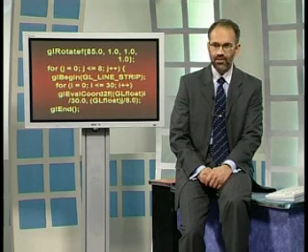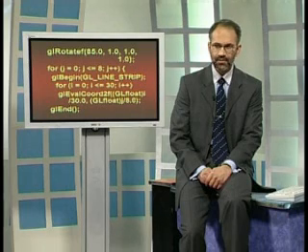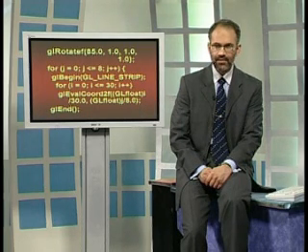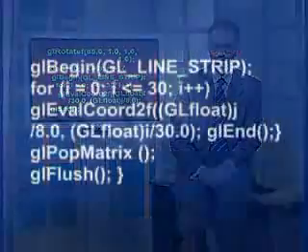We make calls to glEvalCoord2f with the parameters i by 30 and j by 8, with both i and j typecasted as GLfloat. So we will be calling glEvalCoord2f 30 times for each of the lines, each of the 9 lines that we are talking about.